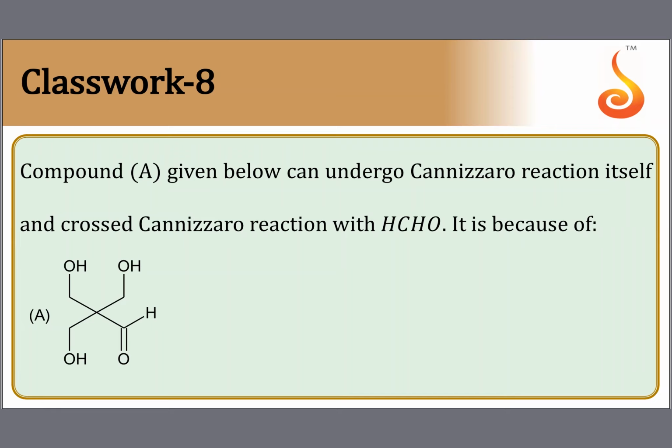What might be the reason? The Cannizzaro reaction occurs between two aldehydes without alpha hydrogen. Crossed Cannizzaro reaction means those two aldehydes must be different, like formaldehyde and benzaldehyde. In both of the aldehydes, alpha hydrogen should not be there.